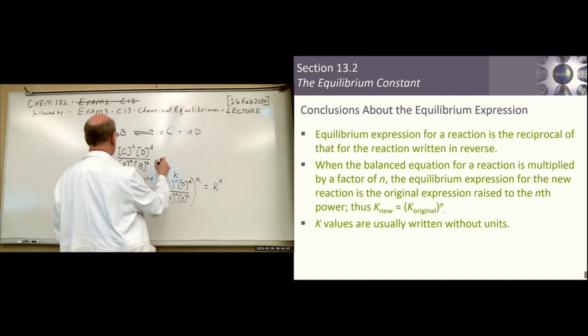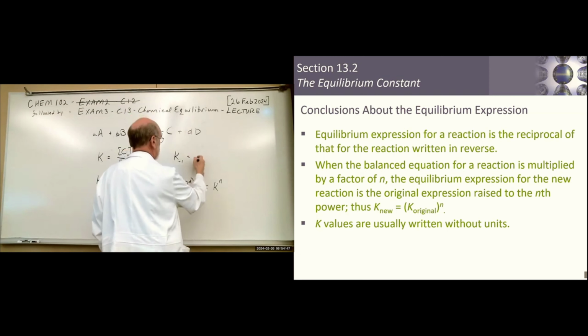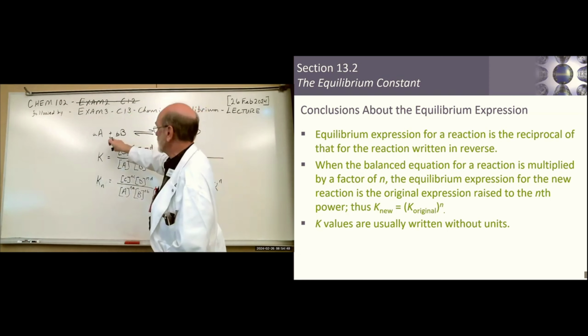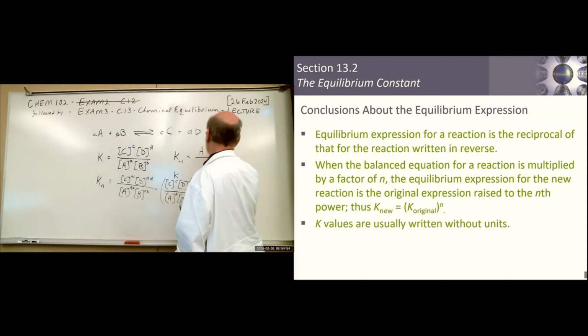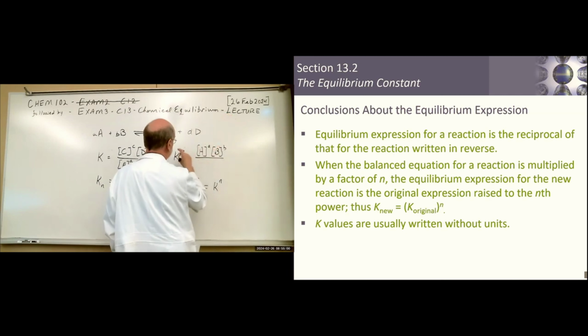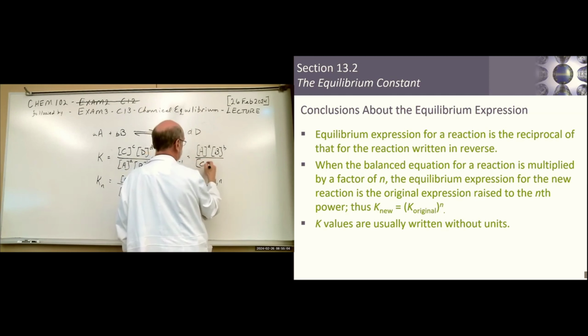Well, the reverse reaction, we could say K like that, would simply be, now these are the products, so they would go in the numerator. And the products here are now the reactants, and they would go in the denominator.